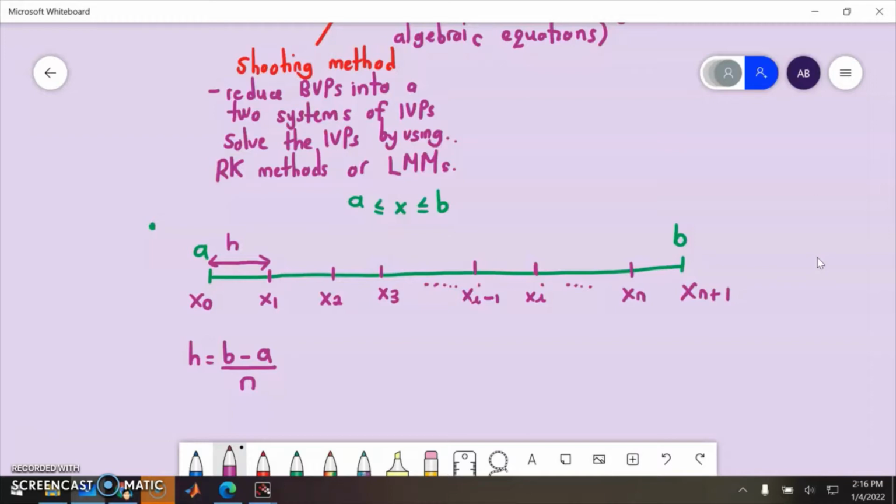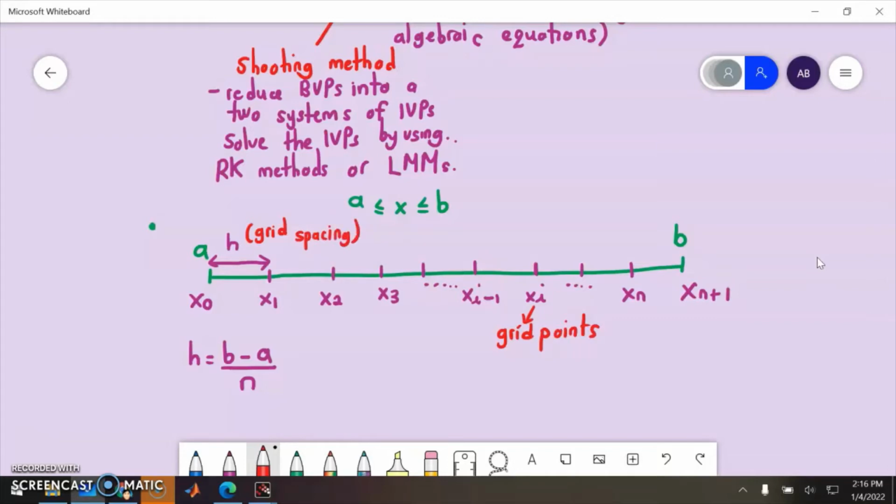The points xi are called the grid points or the nodes, and h is the grid spacing, or sometimes called the step length.